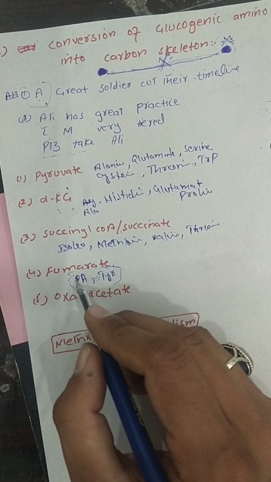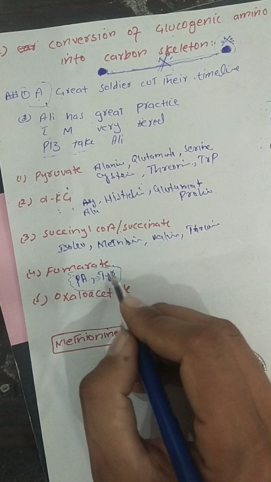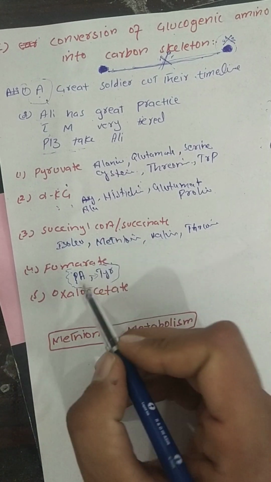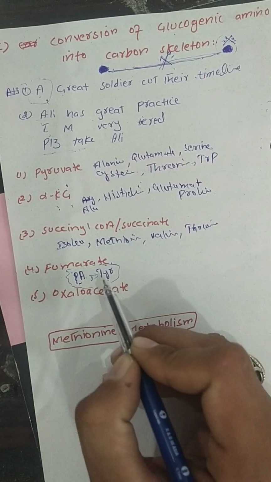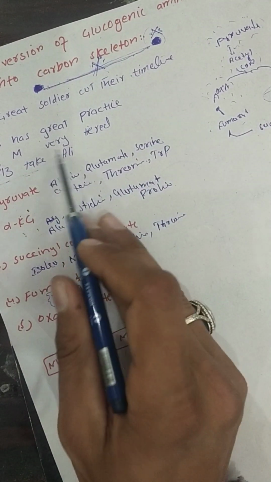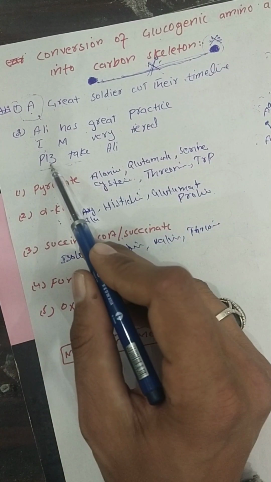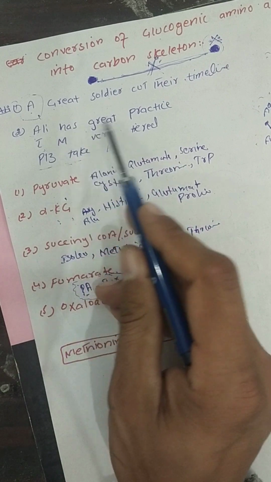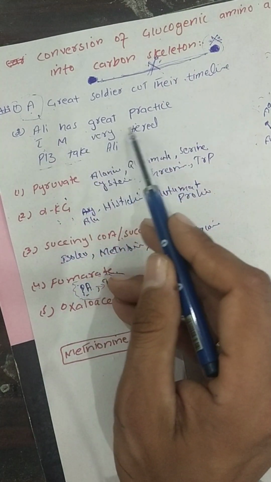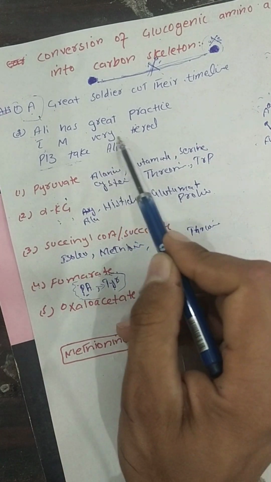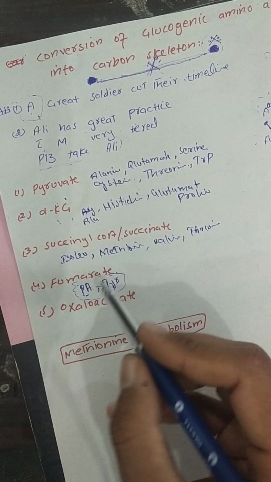Whenever you have phenylalanine, there should be tyrosine in the mnemonic, everywhere. Remember this. Now we are done with fumarate. Next is oxaloacetate, and in the mnemonic we have only one thing remaining. Ali has great practice is for alpha ketoglutarate, I am very tired for succinyl CoA, please take for fumarate, and we are just left with Ali, which is for oxaloacetate.